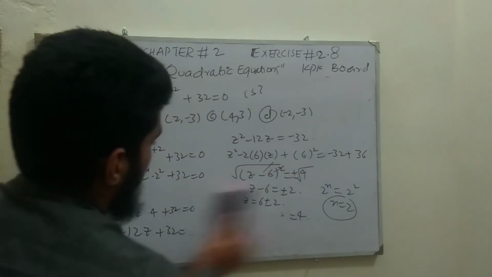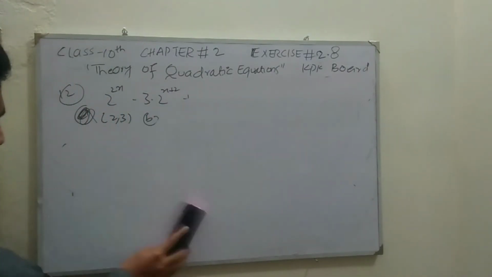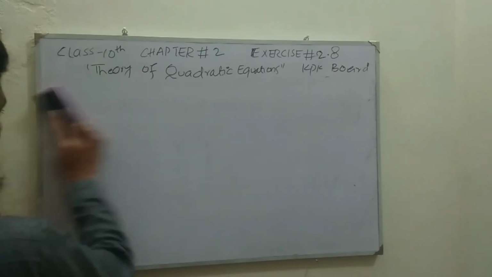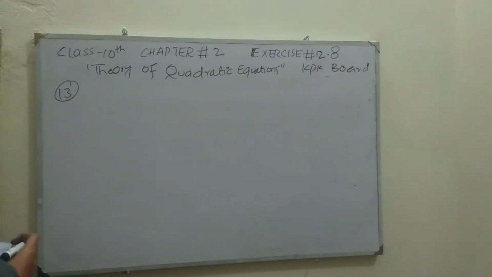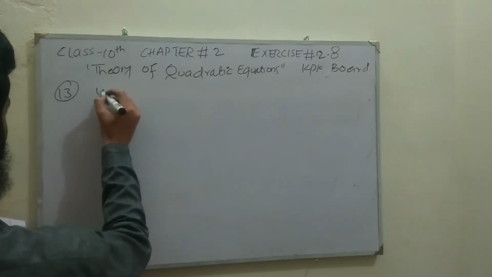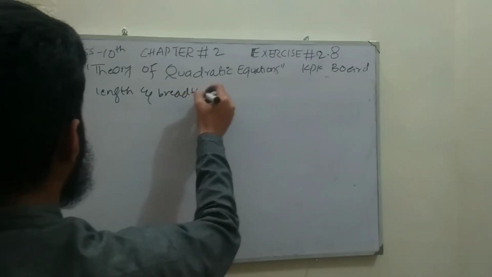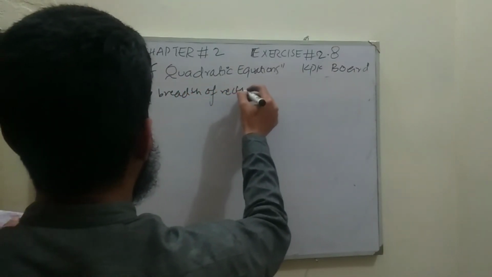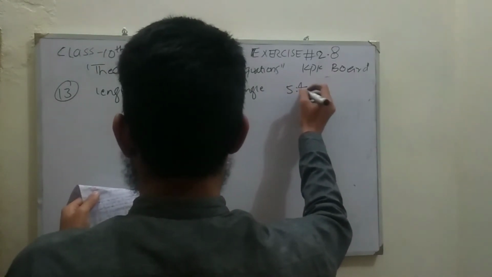Move to question number 13. Question number 13 tells that length and breadth of a rectangle are in the ratio 5 to 4.